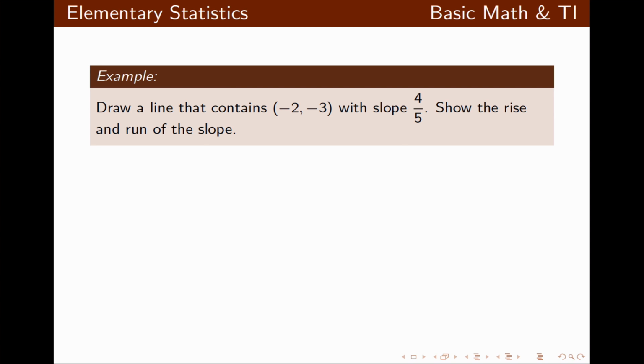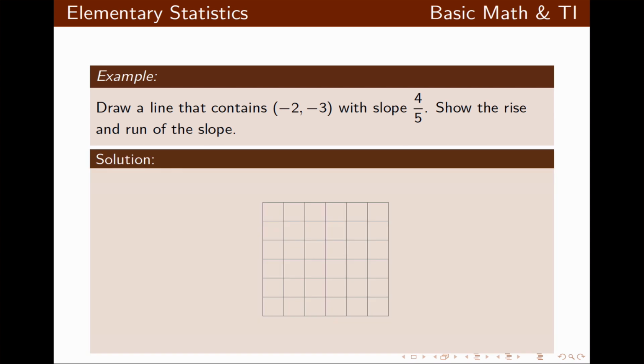In this example, we're going to draw a line that contains -2, -3 with a slope 4/5, and we want to show the rise and run of the slope. So this is my graphing area. I'm going to have an x-axis and a y-axis. I'm going to plot the point.